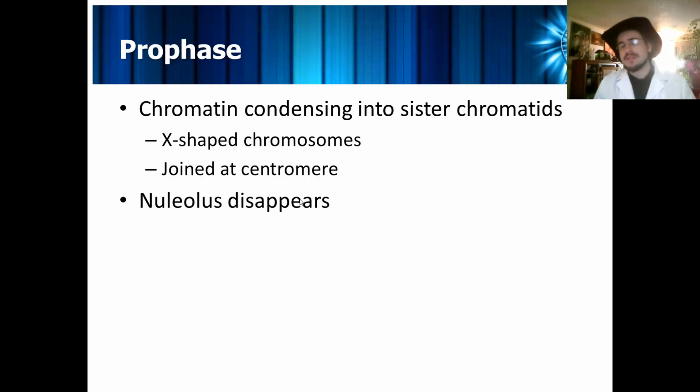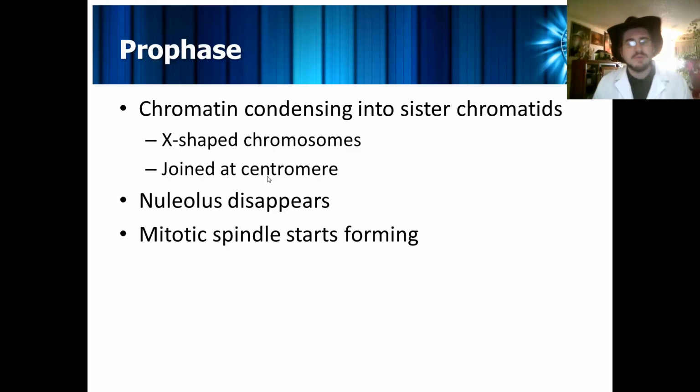The nucleolus disappears because the nucleolus is just a highly condensed area where chromatin is super concentrated, and that chromatin is getting wrapped up tightly into these little X-shaped chromosomes.